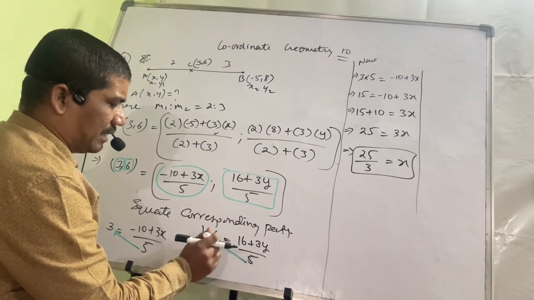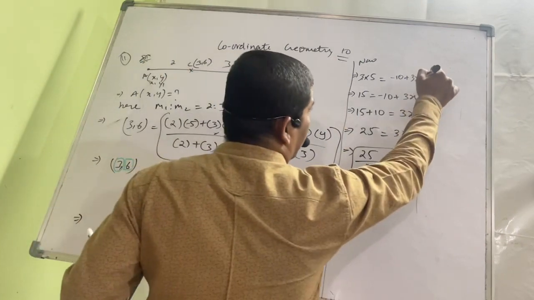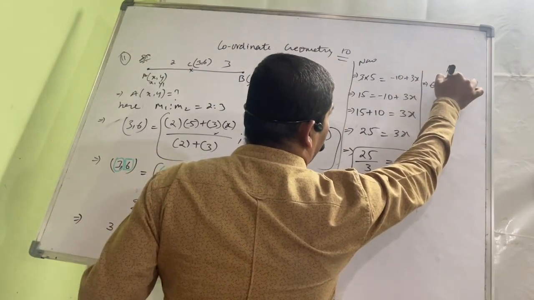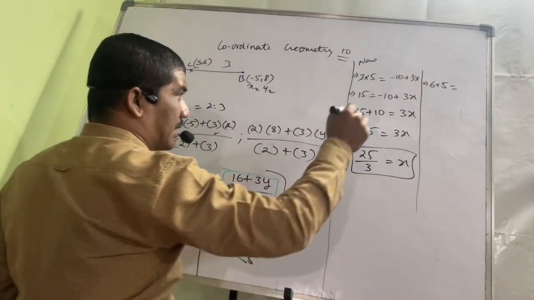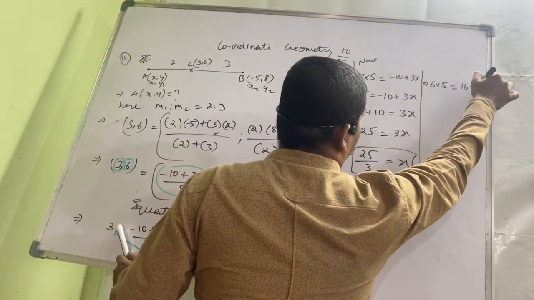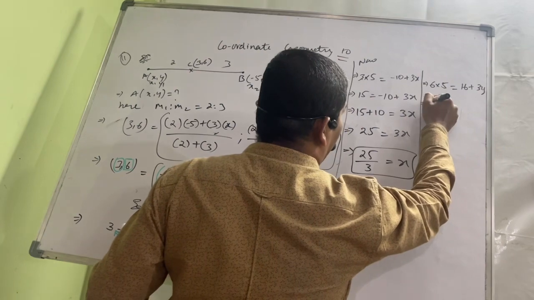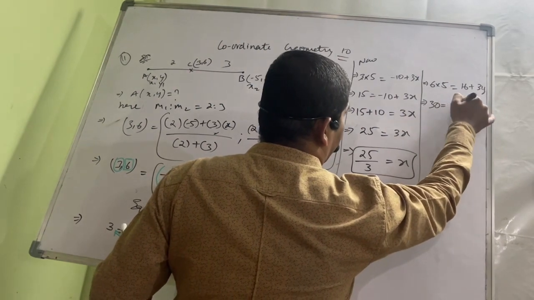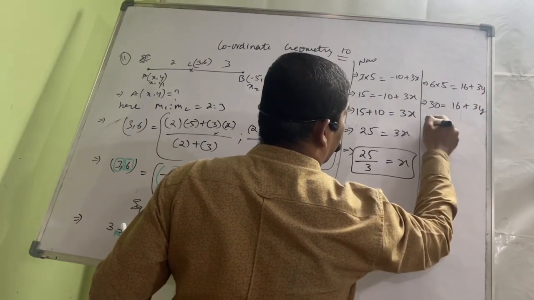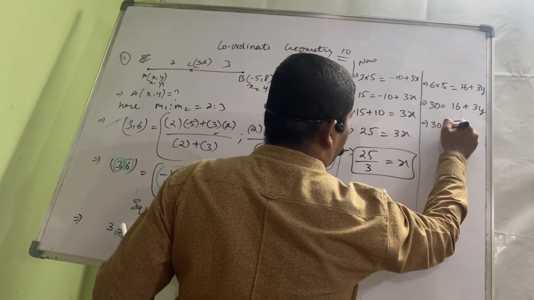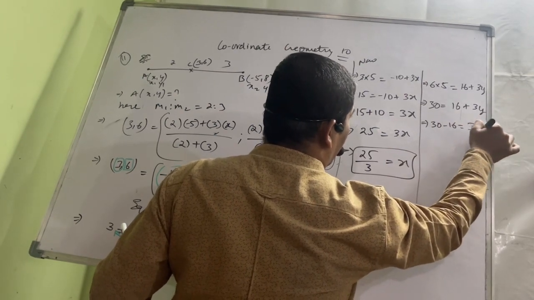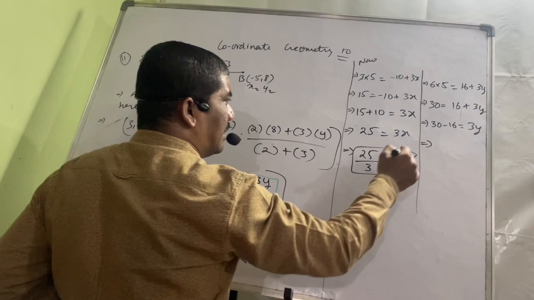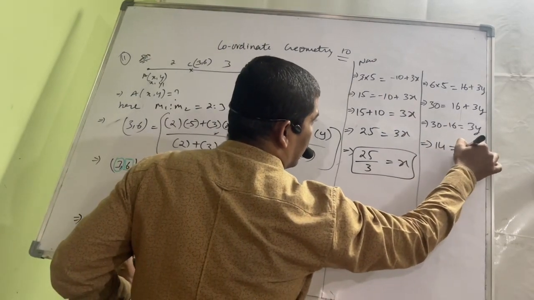Now another part we'll do. This 5 we will send here. 6 into 5 is equal to 16 plus 3y. Now 6 into 5, 30. 16 plus 3y as it is. 16 will come to this side. 30 minus 16 is equal to 3y. 30 minus 16, 14, is equal to 3y.